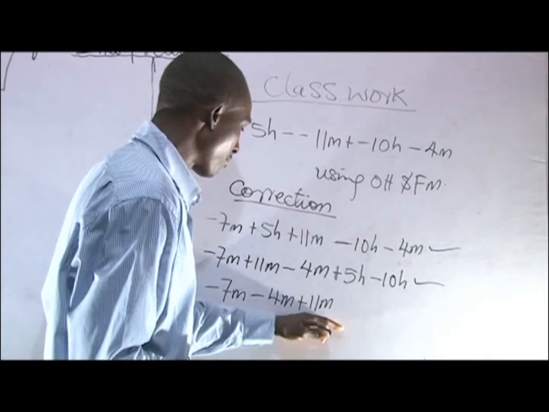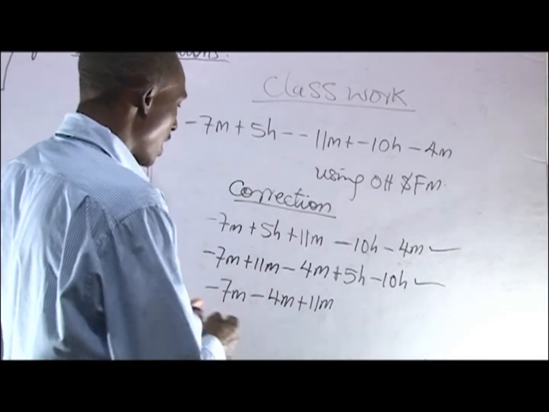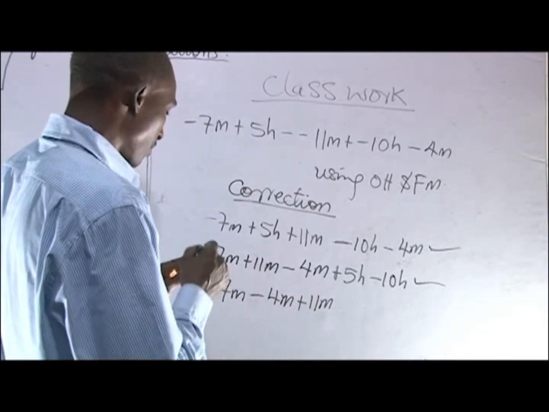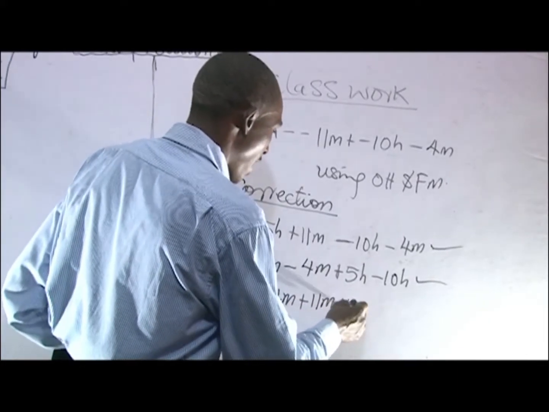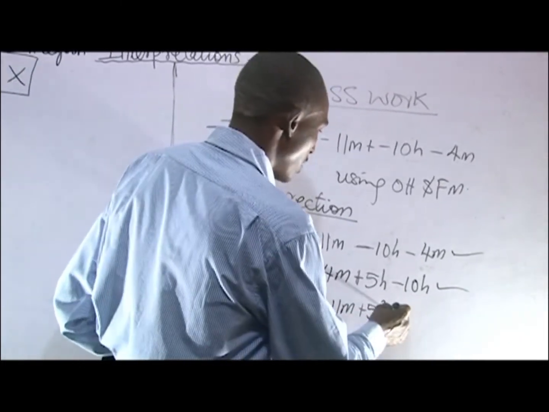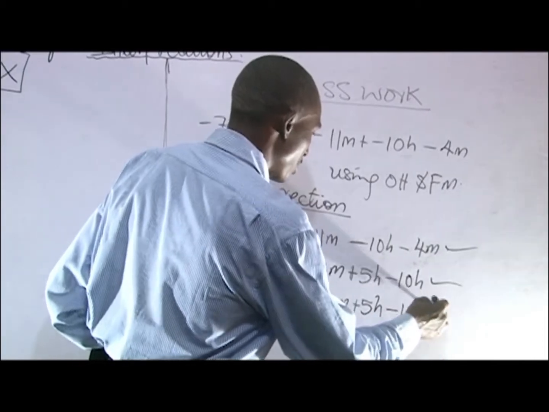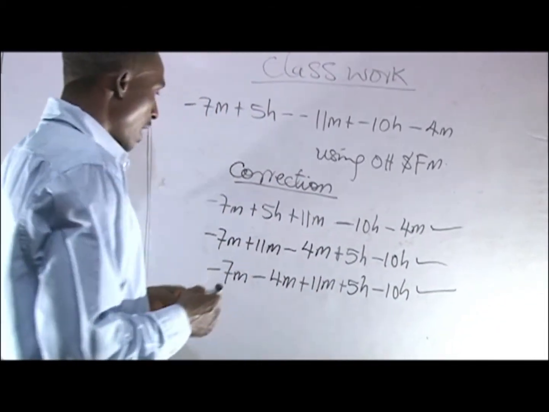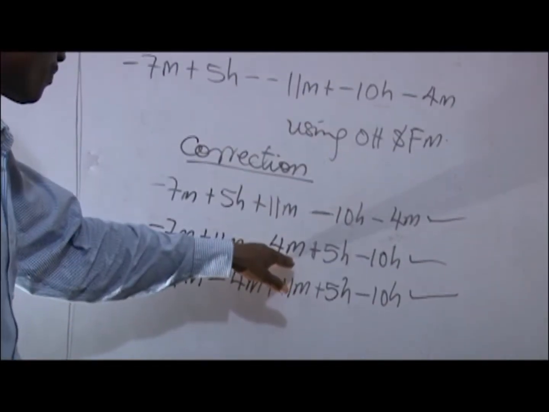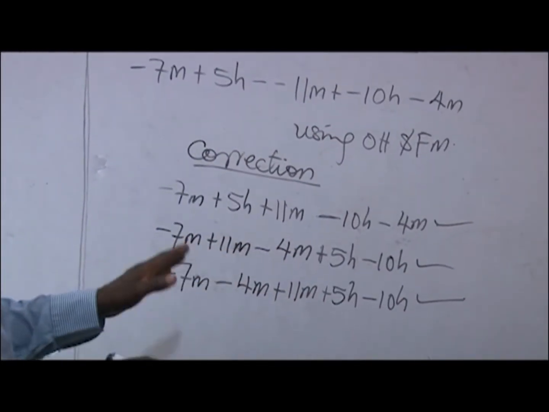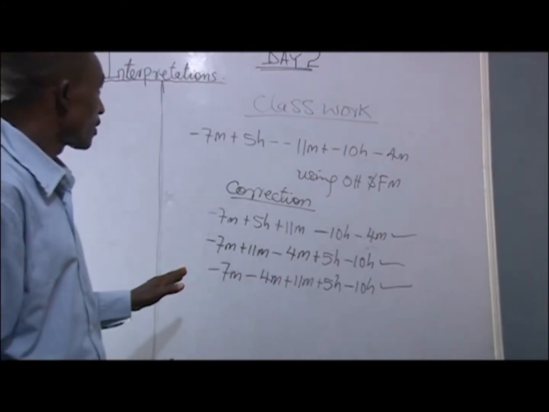That is for all the m. The owing now follows each other and the having is separated. Alright, so then having 5h and owing 10h. This has given you another mark for rearranging this, just to bring this one down to this side. That's just the difference. Just bring it that way.